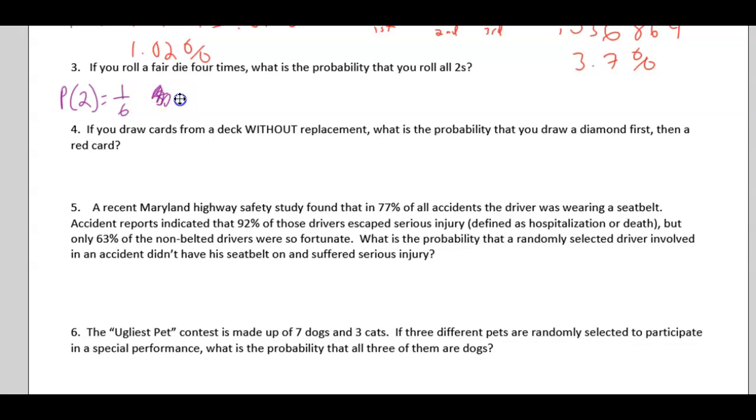For the first roll, I have a 1 out of 6 probability, for the second roll, 1 out of 6, for the third roll, 1 out of 6, and for the fourth, 1 out of 6. I'm just going to multiply that straight across. So 1 times 1 is 1, and 6 times 6 times 6 times 6 is 1,296. Or we could say 0.0008.